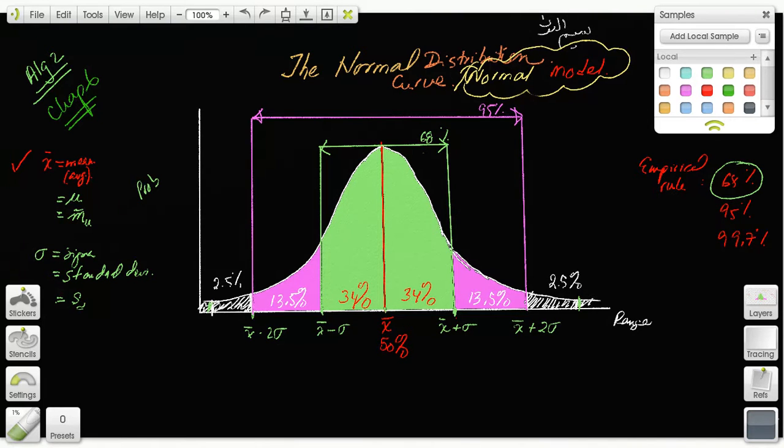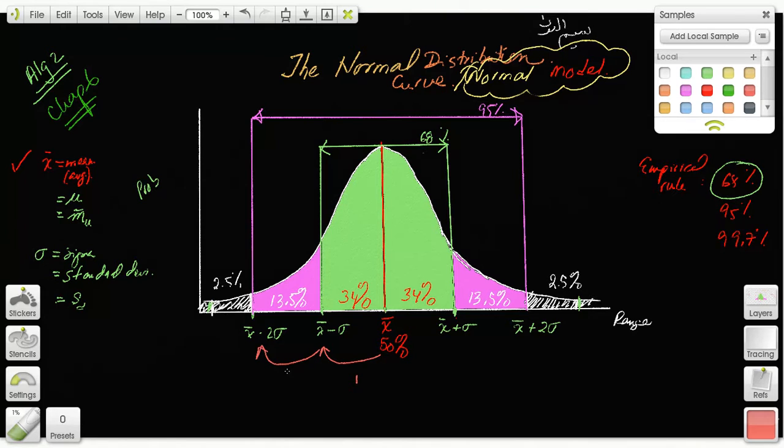There are 2 other things that we need to add to this graph. But before I add that, I just want to re-emphasize that what you're doing here is chopping up this normal distribution curve based on standard deviation.